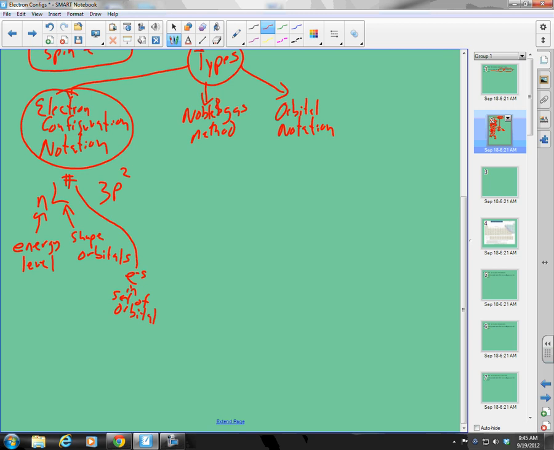What do we call a set of orbitals? We call that a subshell. So 3p2 would mean what? I'm at the third energy level, the third n. p means I have a p-shaped orbital. And 2 means I have 2 electrons in this p-shaped orbital.